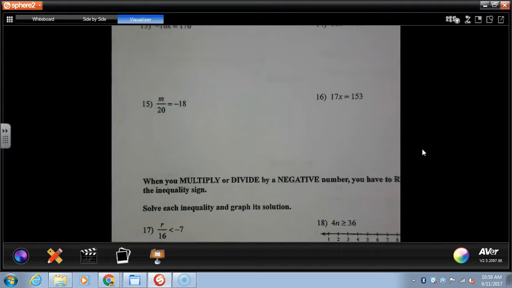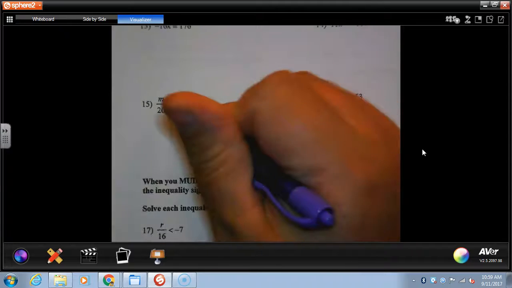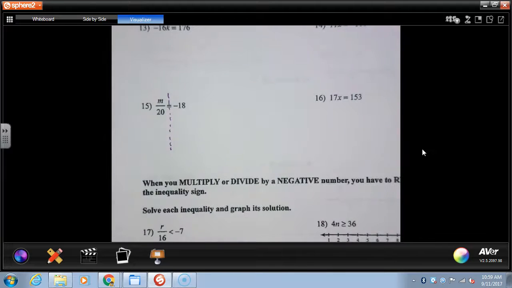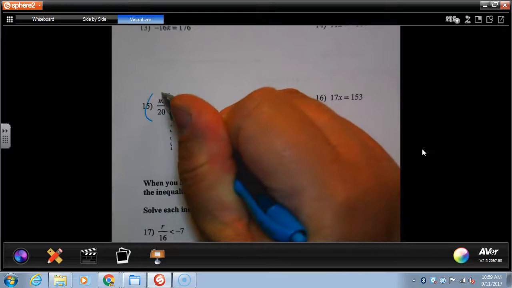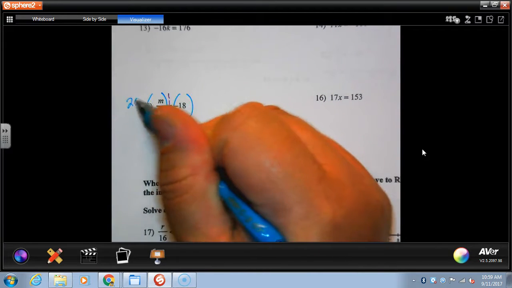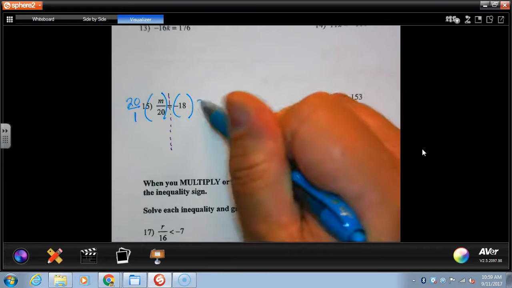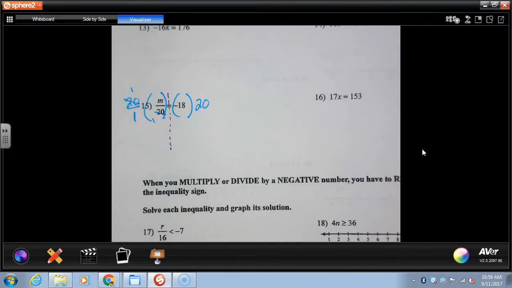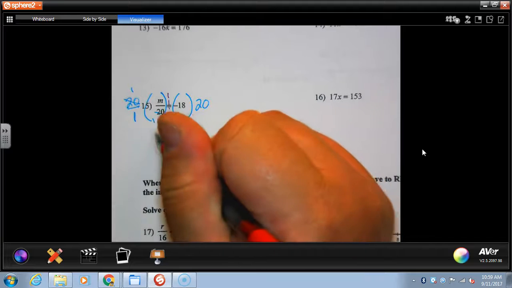Number 15, I have a fraction. So what's happening to my variable? It's being divided by 20. So how do I undo division? Multiply. So I'm going to multiply both sides by my denominator, 20, or 20 over 1. Cancel all the 1. 1 times m gives me m.